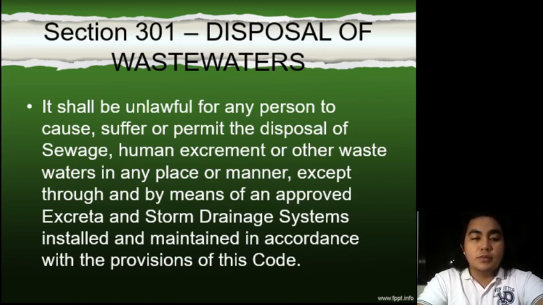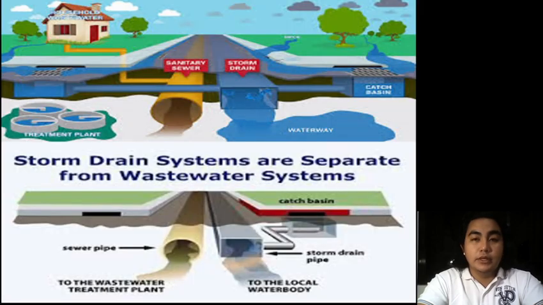So for proper disposal of wastewater, one should create and install a drainage system that complies with the plumbing code, such as proper types and measurements of piping materials to be used, to prevent clogging and overflow of wastewater and to maintain healthy conditions of the building.